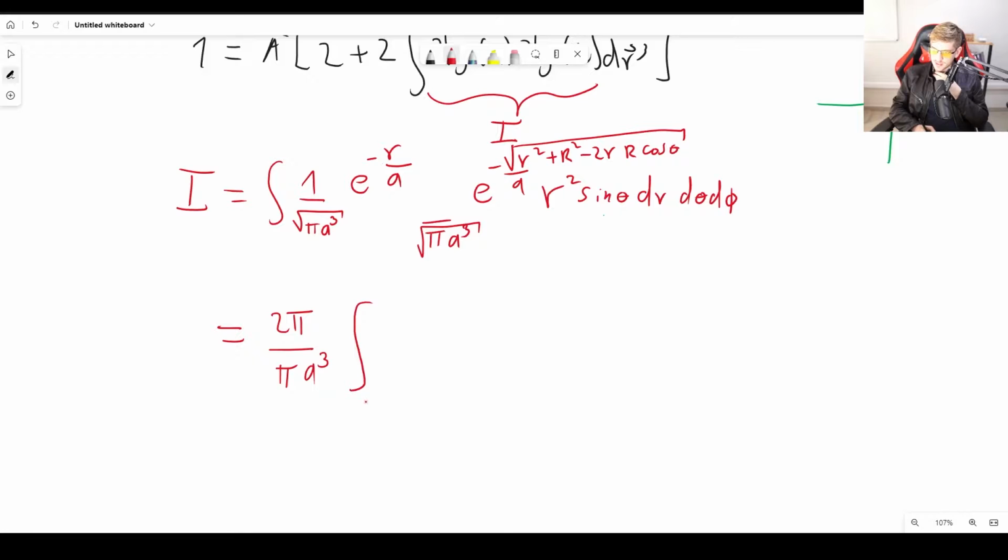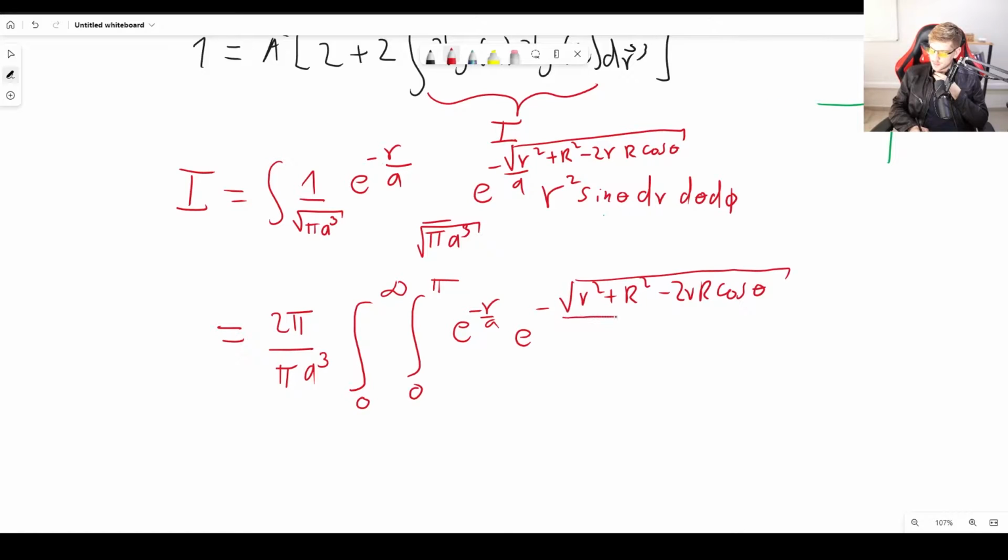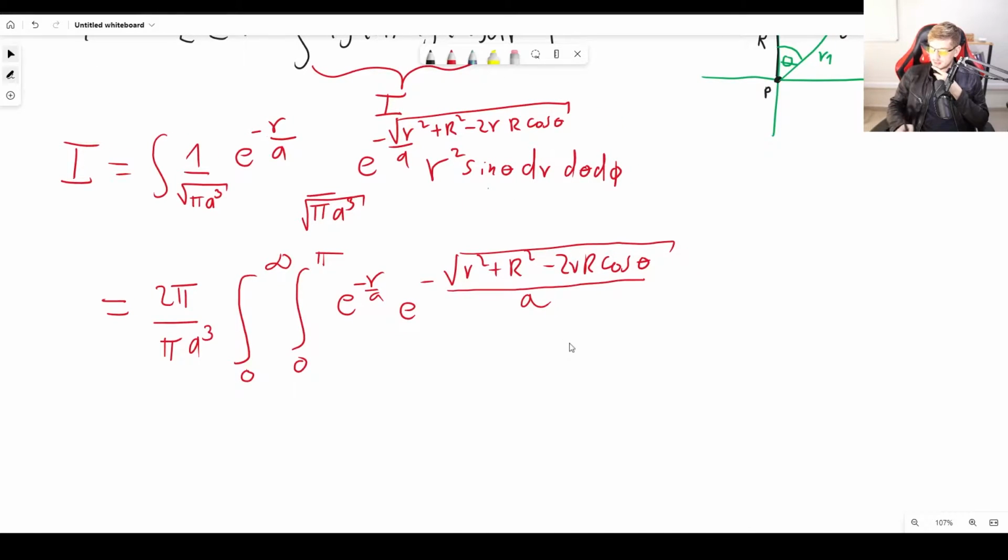And then we get the integral from 0 to infinity, integral from 0 to pi of e to the minus r over a, e to the minus the square root of r squared plus big R squared minus 2r big R cosine theta, over a. And then we get r squared sine theta dr, actually the other way around, d theta dr, because of the order I wrote this in, but it doesn't really matter in the end.